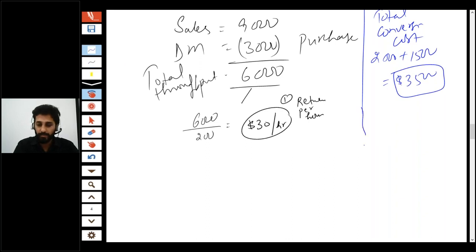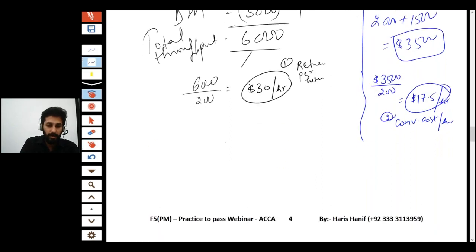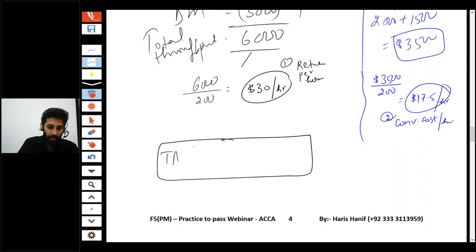And I will have $17.5. That is cost per hour, that is conversion cost per hour. So simply you need to calculate the TPAR.